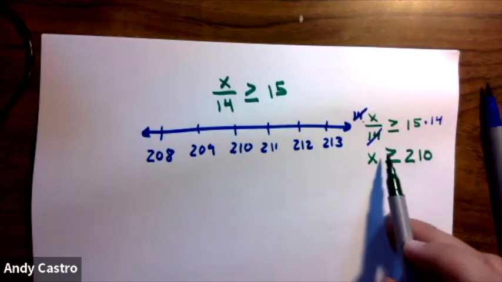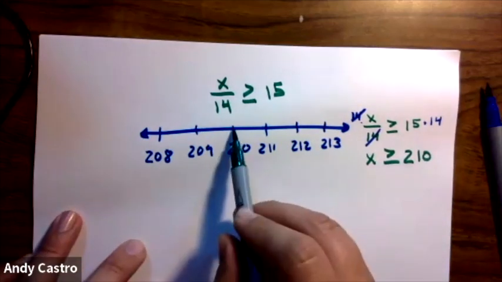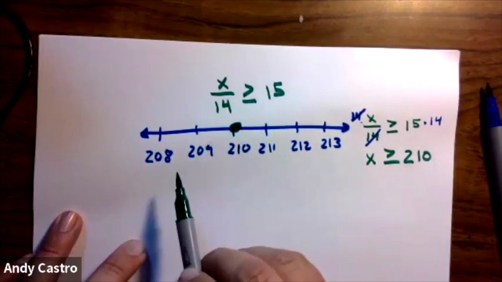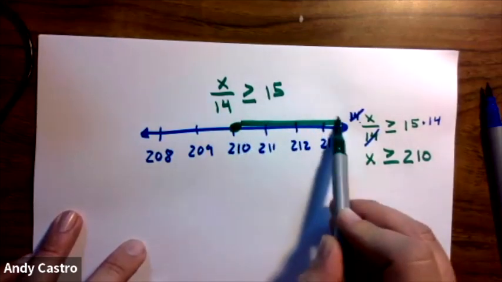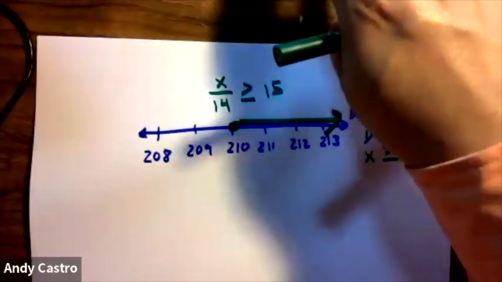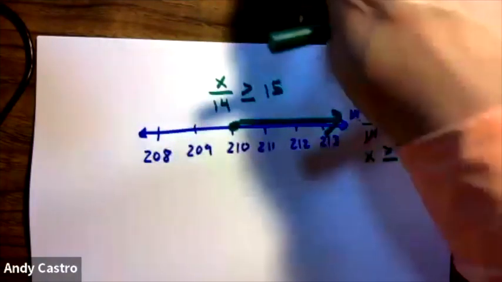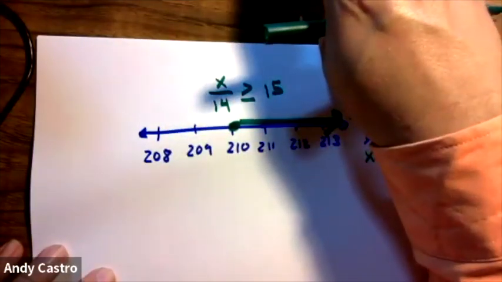And x is greater than or equal to 210. So here's 210. It can be 210, so closed circle. And x, of course, is greater, so it goes off to the right. Right.